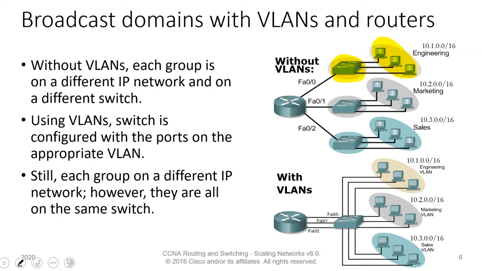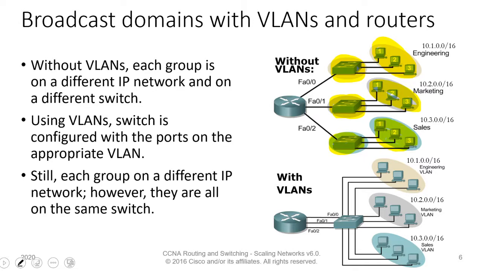Whereas in the case of VLANs, that broadcast domain will now be split into the specific VLANs that we have. So if we don't use any VLANs, the switch itself would be the broadcast domain, a separate broadcast domain for each of the switches.